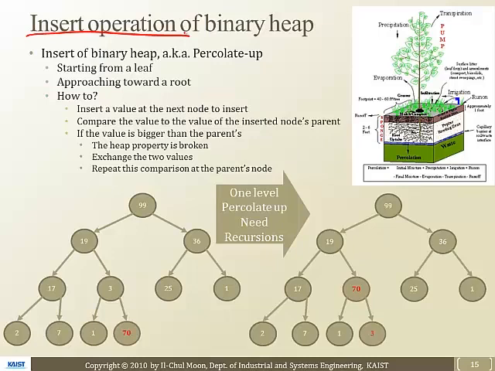We know where to put the next value so that we can keep the complete tree constraint, the shape property. However, we also want to keep the heap property. And to keep the heap property, we need a certain insertion operation process. That's called percolate up.